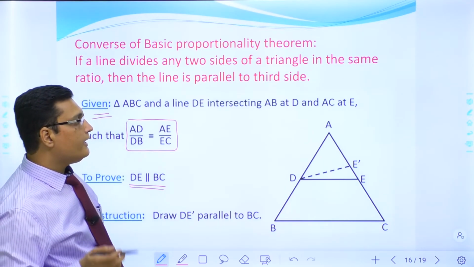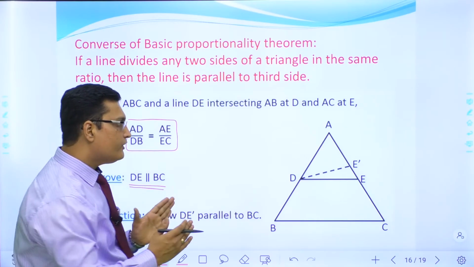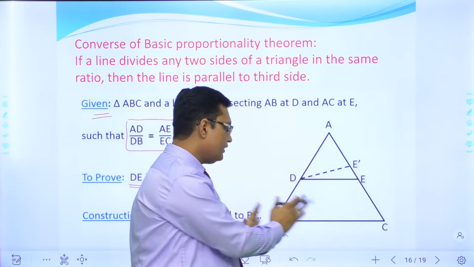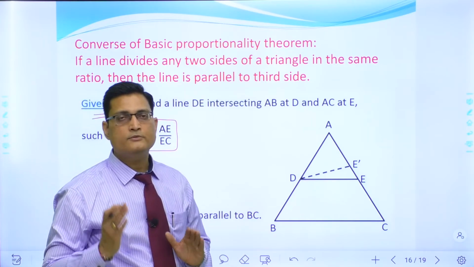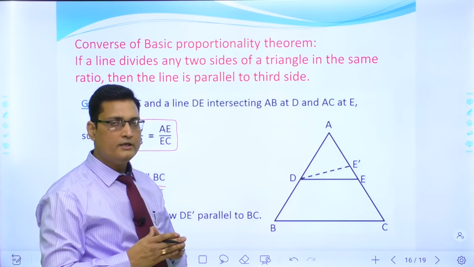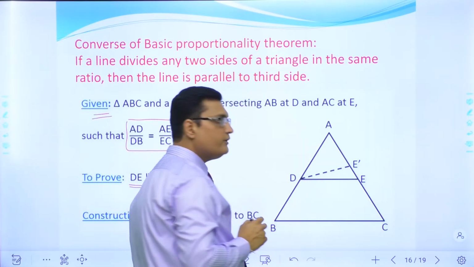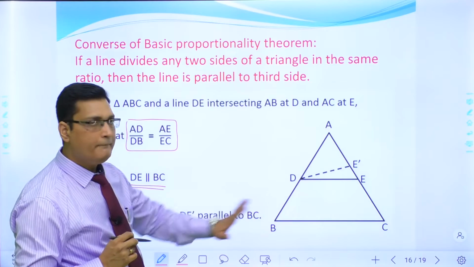For that, what we have to do? We have to think that if DE is not parallel to BC, then there should be another line that will be parallel to BC. Let's suppose that DE dash is parallel to BC.